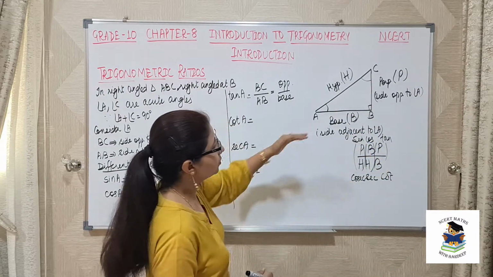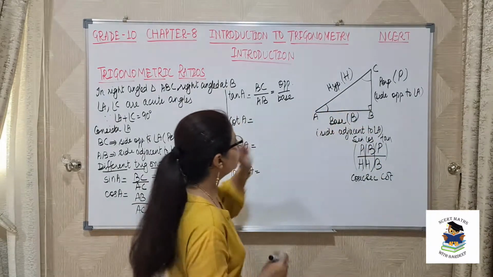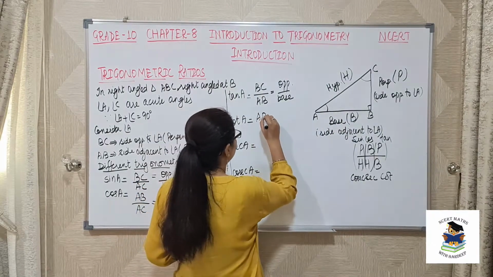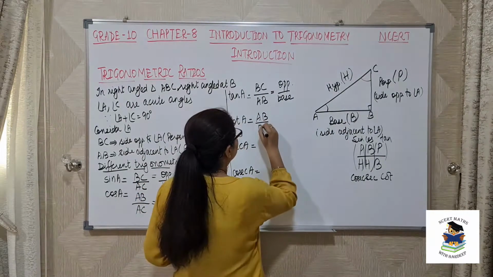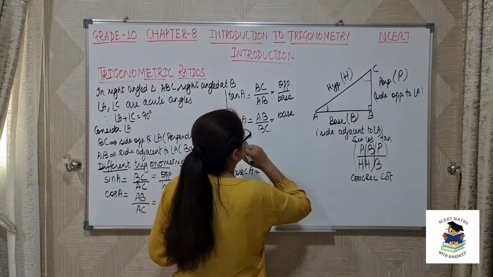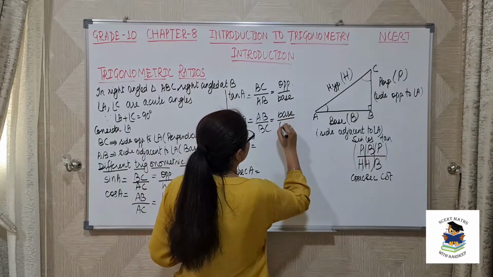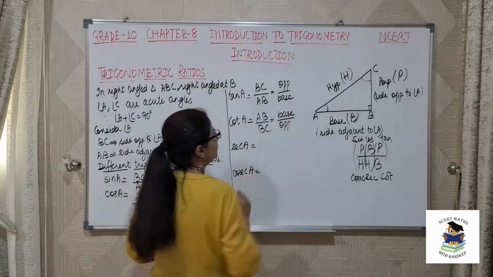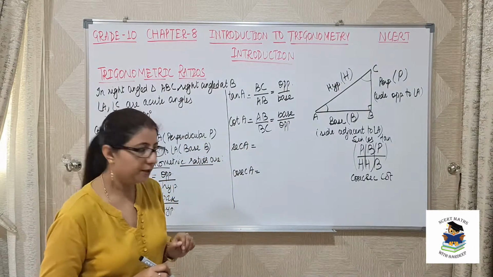So this is base over perpendicular. So base is AB and perpendicular is BC. Base over perpendicular, we can say opposite side, right?